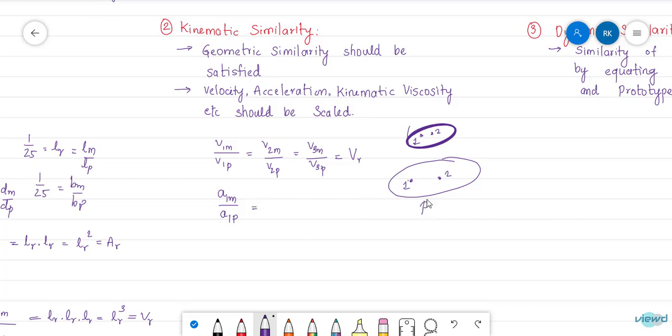This is of prototype, this is of model. So a2m by a2p and a3m by a3p, which is the acceleration scale ratio. This is the velocity scale ratio. This is the acceleration scale ratio.